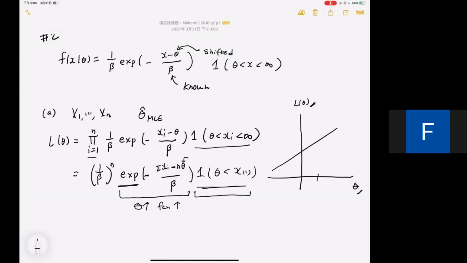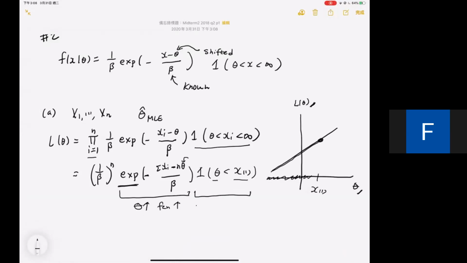Then you do need to know that this guy, x1 right here. Again, theta smaller than x1 has a value. That means everything still goes up until x1.